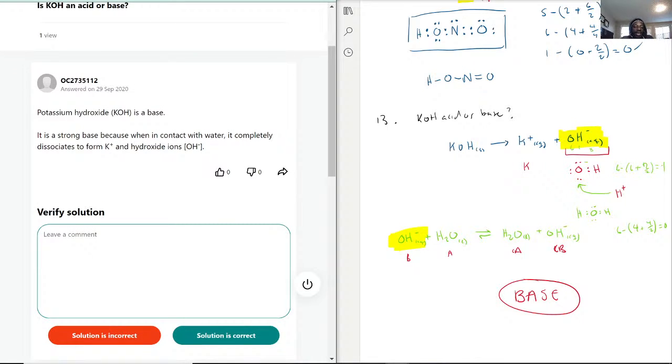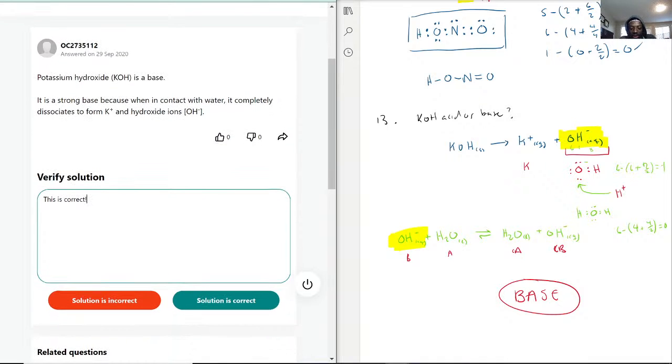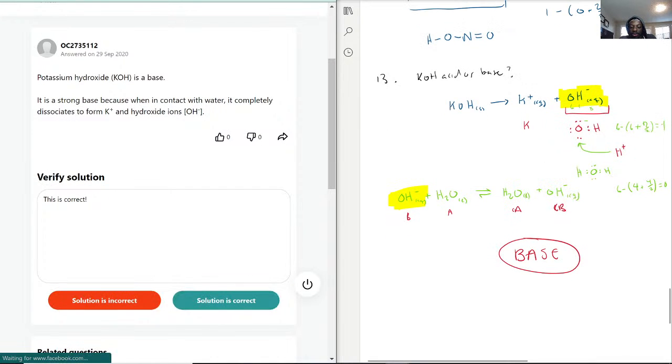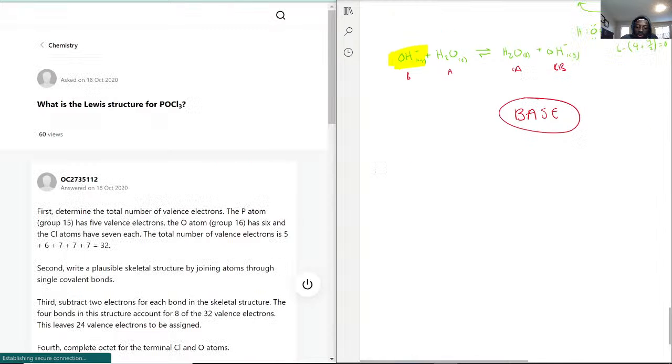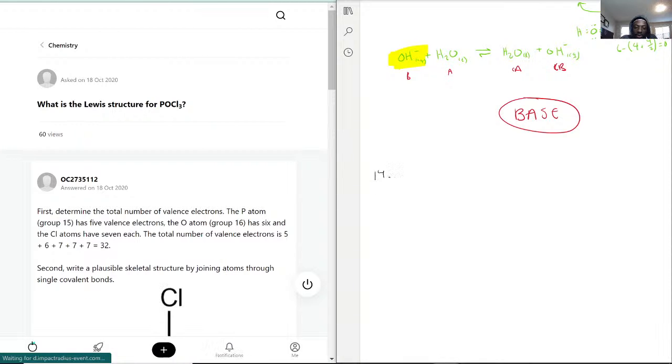Point being, when they say it's a base, that is correct. So KOH is a base because it separates to form K and OH minus, and it's the OH minus part that makes it a base.